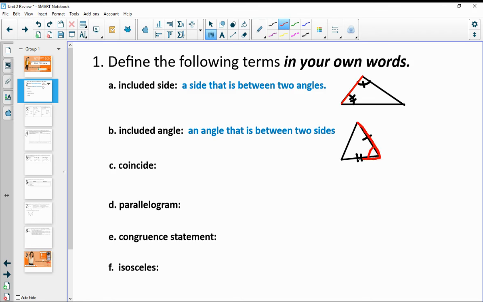Those two sides are creating that angle. So that would be your included angle.